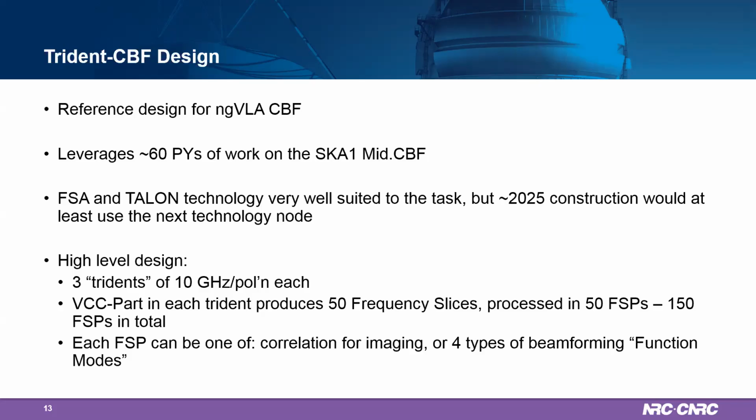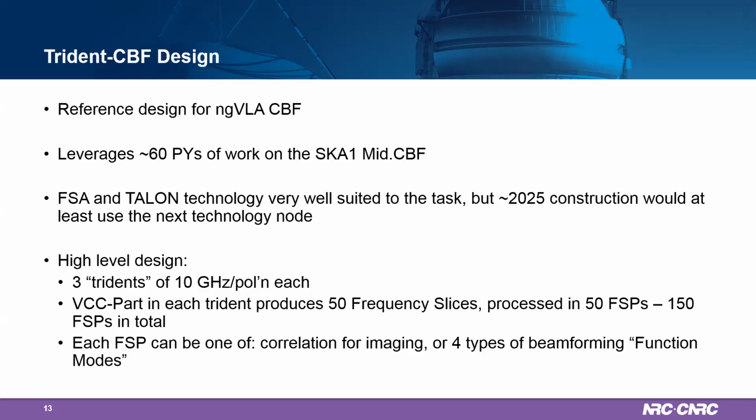So the high level design is that we have 3 Tridents that can process 10 gigahertz per polarization each to give 30 gigahertz total, so that exceeds the 28 gigahertz of instantaneous aggregate bandwidth.